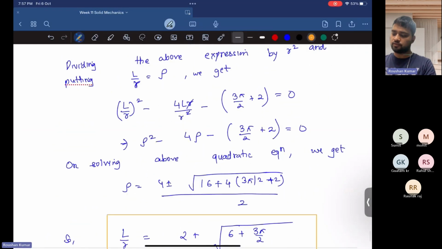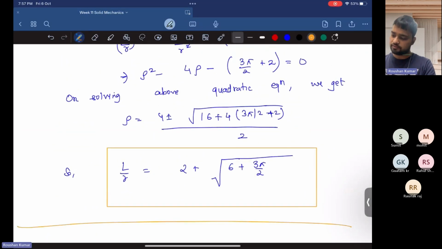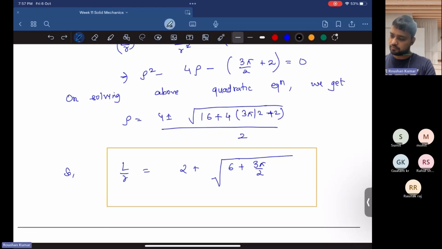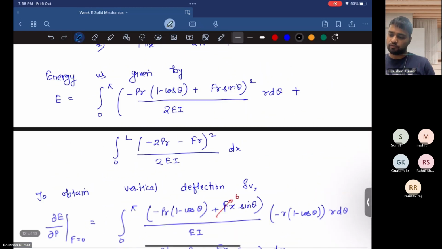Okay, so this is all about question number 3. I hope you all understand this problem. Today we have solved very good questions based on the energy method, on how to find the deflection and slope of the beam under various kinds of deformation. So we have solved 3 questions.